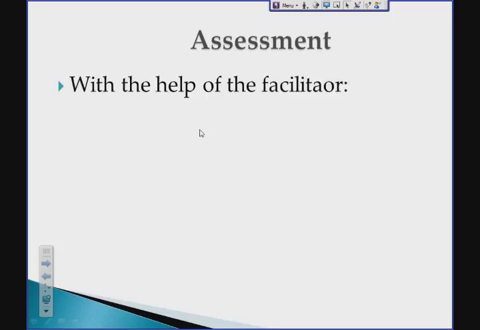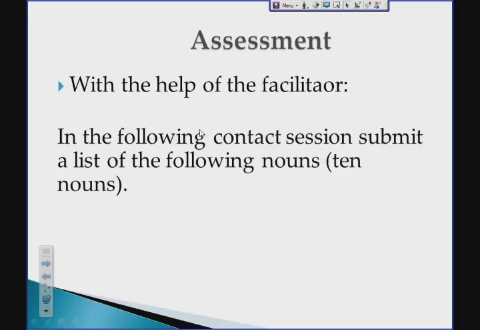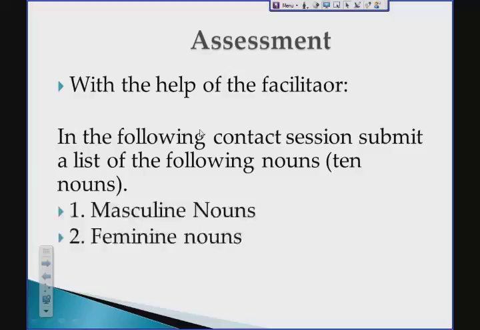Right, an assessment. Out there, our friends all over the country, with the help of the facilitator, and I will also be helping my class. This is what you are going to do for me. In the following contact session, submit a list of the following nouns, at least 10 in each: masculine nouns, feminine nouns, and third declension nouns.